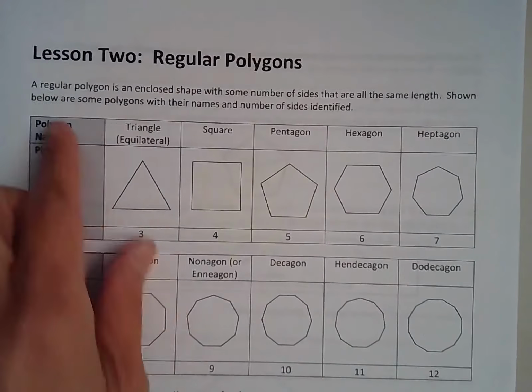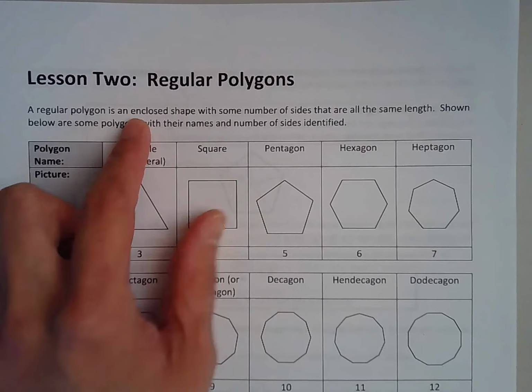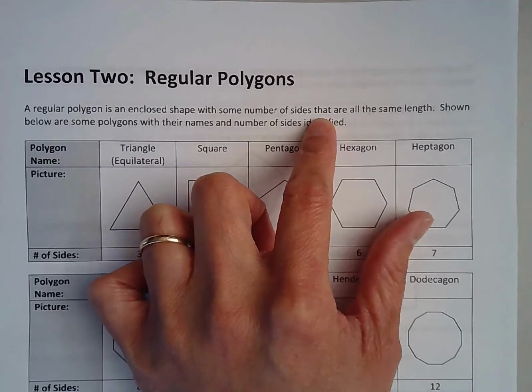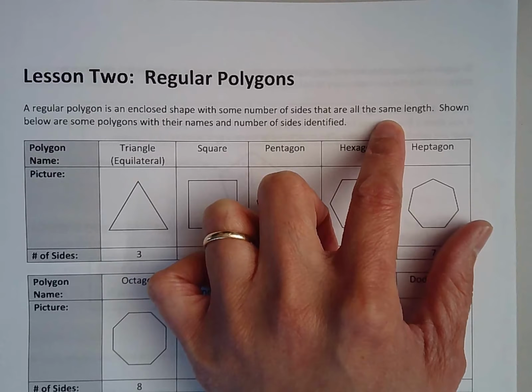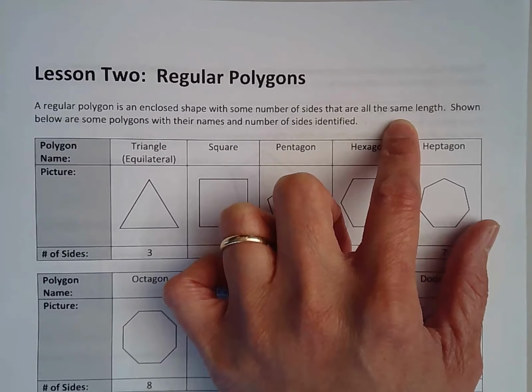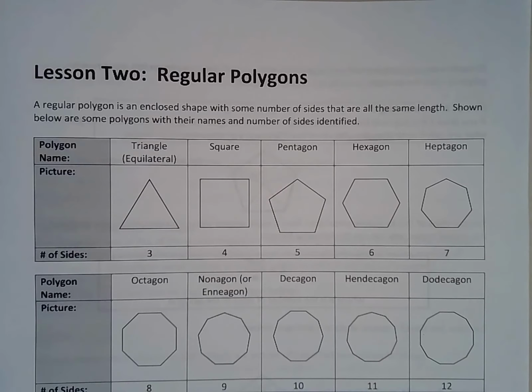It says here, a regular polygon is an enclosed shape with a number of sides that are all the same length. What's so special about it is that all the sides are equal.